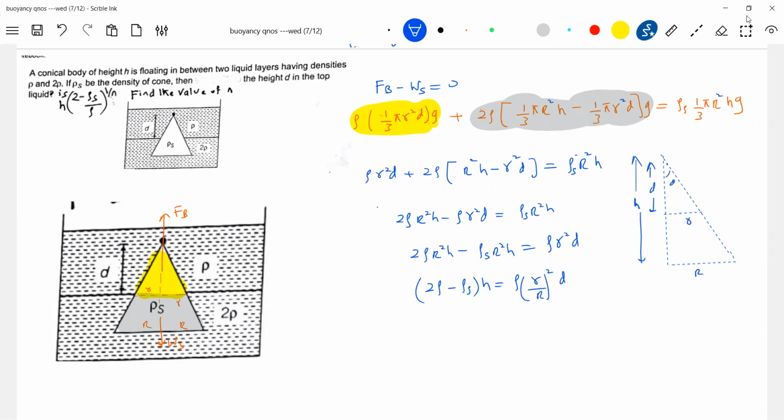Call this theta. And now from tan theta, what can you write? R by h is r by d. So can we replace small r by capital R? D by h, write it here. So 2 rho minus rho s, h is equal to rho into d by h whole square into d.